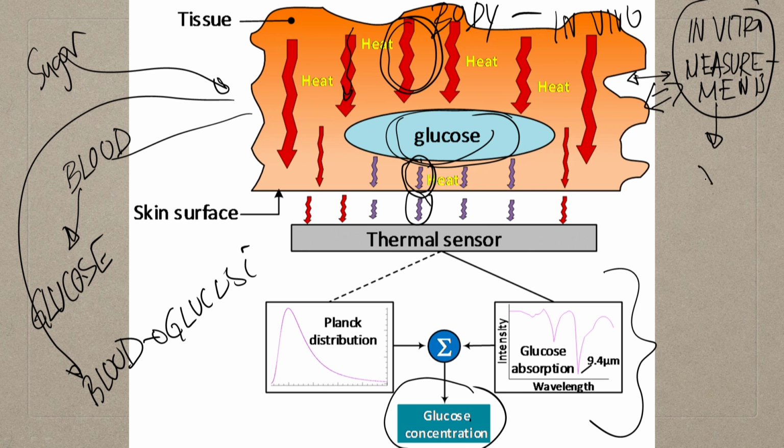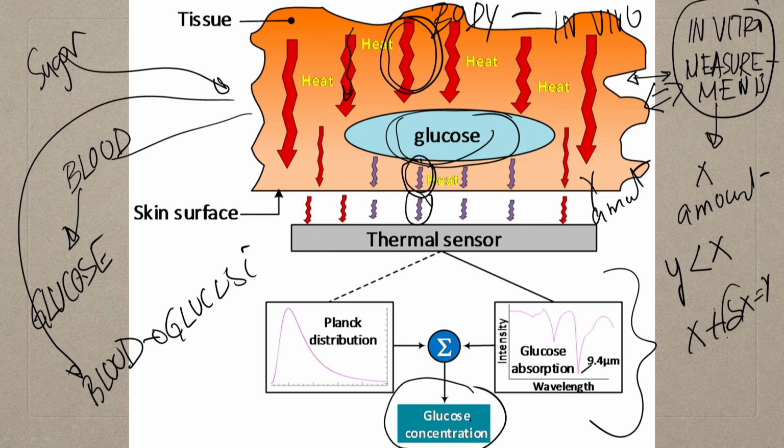Now, that deviation is, say for example, your in vitro says X amount of glucose and your in vivo says Y amount of glucose. Assume that Y is less than X. That means the amount which is less is X plus delta X will be equal to Y, since delta X is the amount which is getting lost because of interference and other losses due to the presence of other absorbing molecules which are of similar nature.